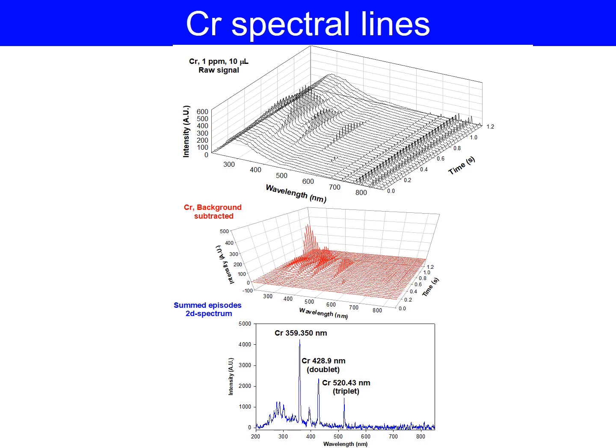So we can use any of the spectral lines. This is actually a triplet, and this is actually a doublet, and we identified those using another spectrometer. But at any rate, we can use this for the analytical determination and for construction of calibration curves.